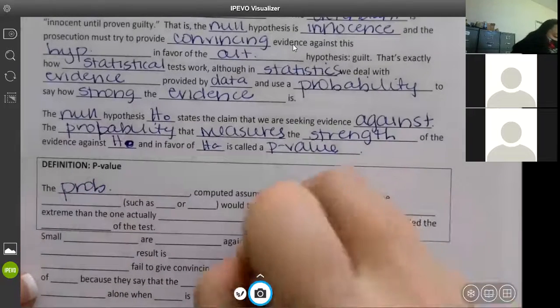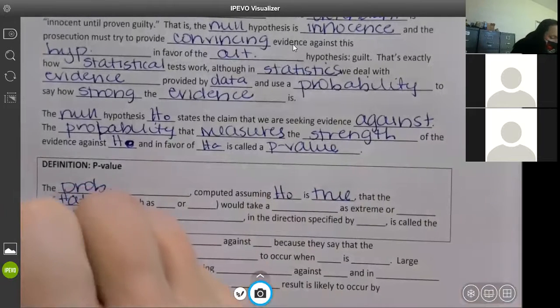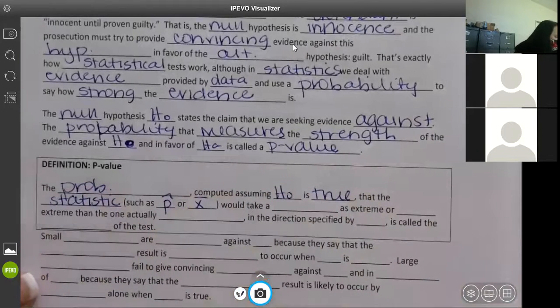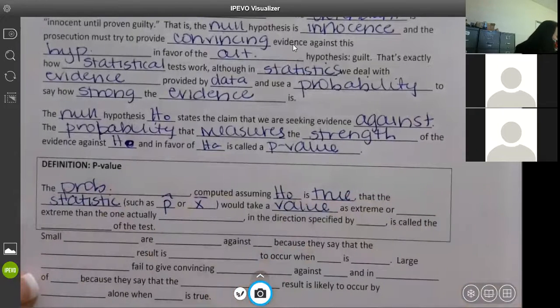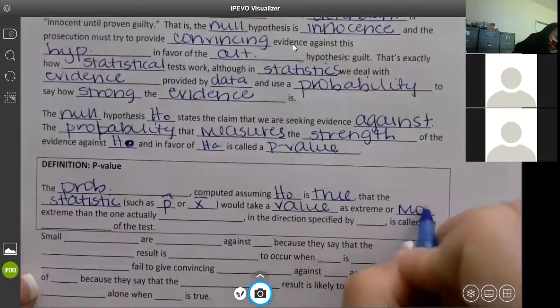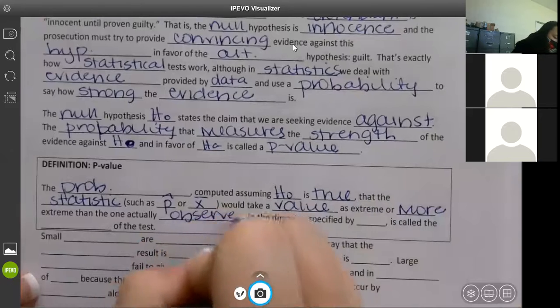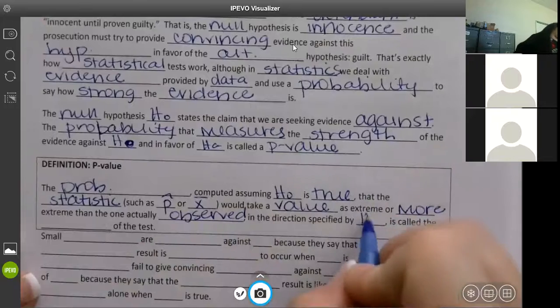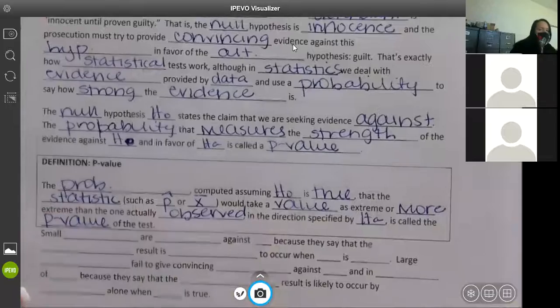So the probability, computed assuming H sub O is true, that the statistic, such as p hat or x bar, would take a value as extreme or more extreme than the one actually observed in the direction specified by H sub A, is called the p-value of the test.